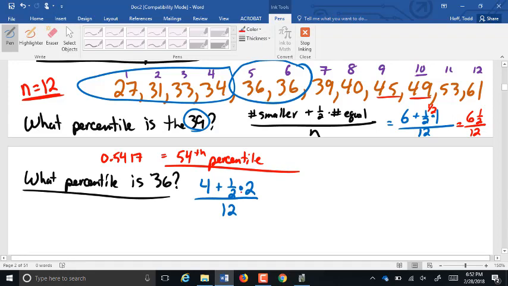So 1/2 times 2 is 1. 4 plus 1 is 5 over 12, which is 0.4167. So that would round to the 42nd percentile.